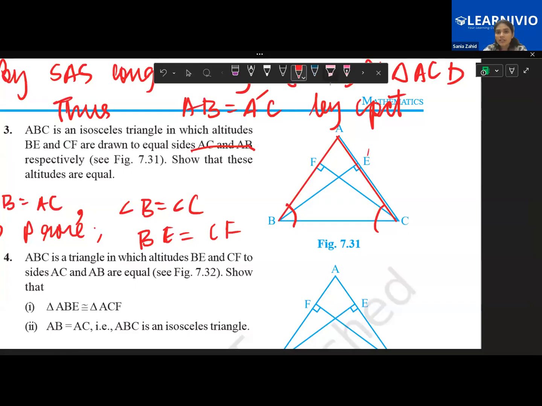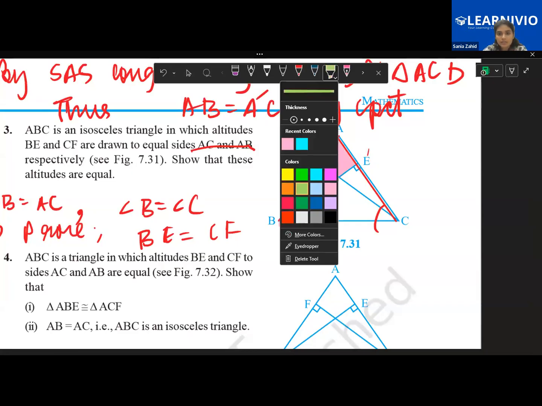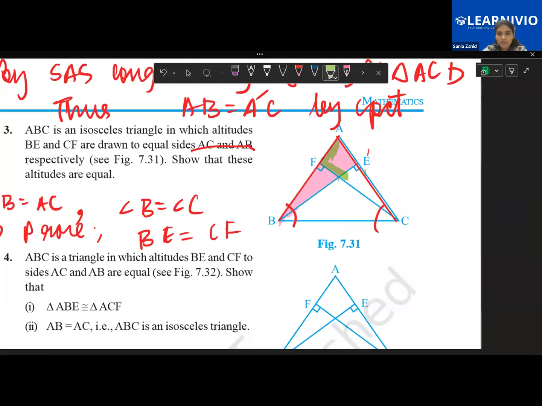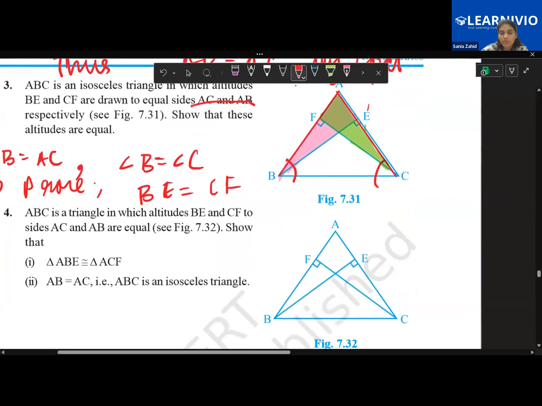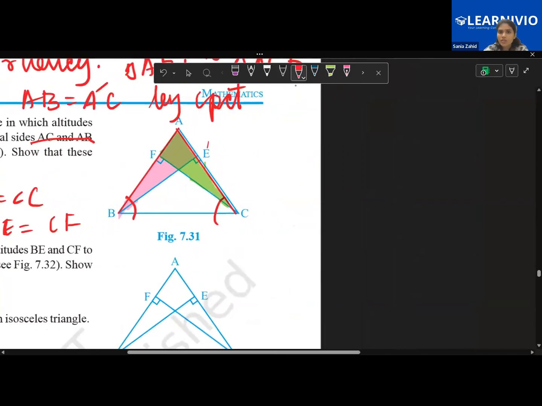So now, children, these two triangles we have to take. Look very carefully. I will take this, and I will take this one. Children, I told you whenever you have overlapping triangles, you draw them separately. As your rough work, you can do it for your reference.